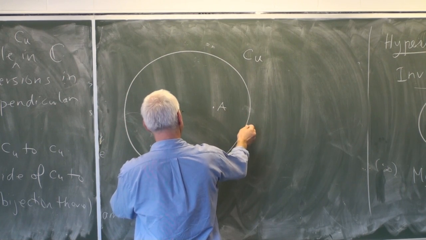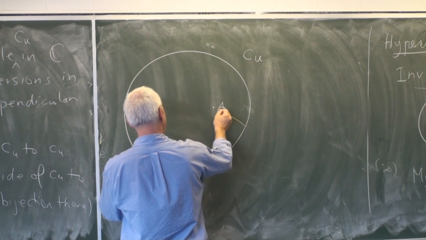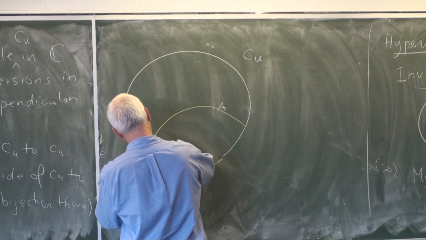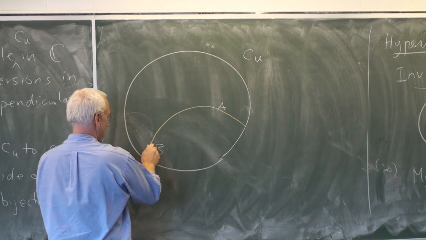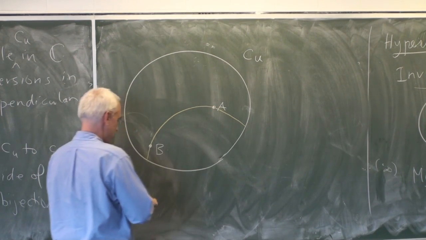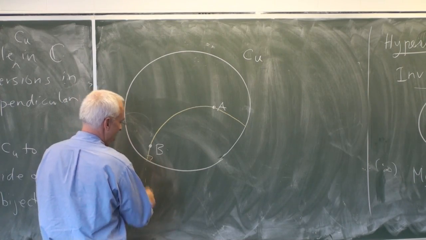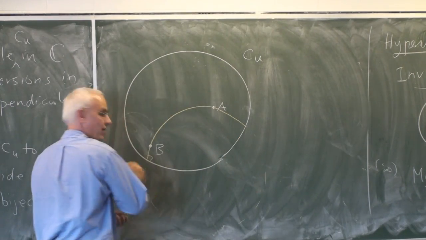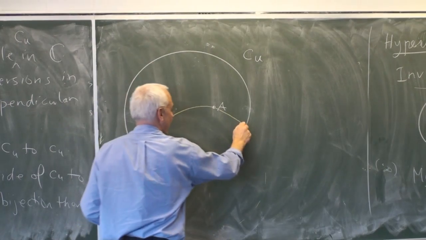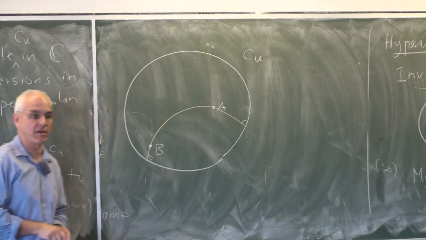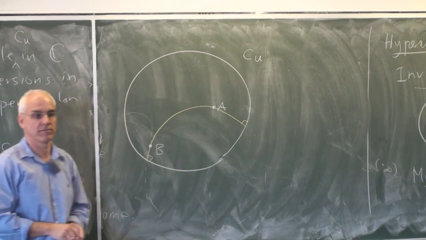Okay, so it's not that easy to draw it freehand. So there. All right, so that's part of a circle that, let's say, meets C sub u perpendicularly. So that's the line through A and B.